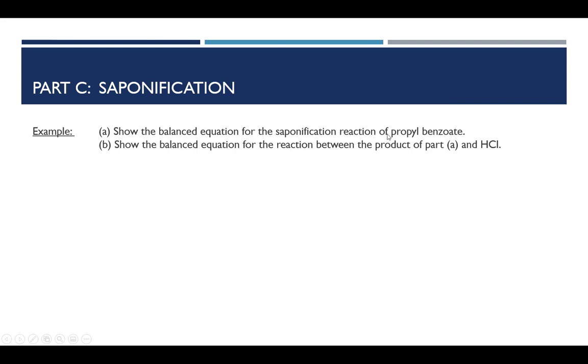You look at this and say, this will give you propyl alcohol and benzoic acid, and then translate propyl alcohol to the proper name of 1-propanol. And then I want to show the balanced equation for converting the product back to the acid using hydrochloric acid. This is all going to be what you will be doing in this experiment.